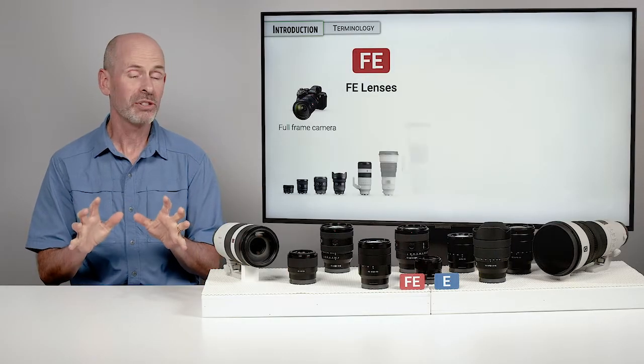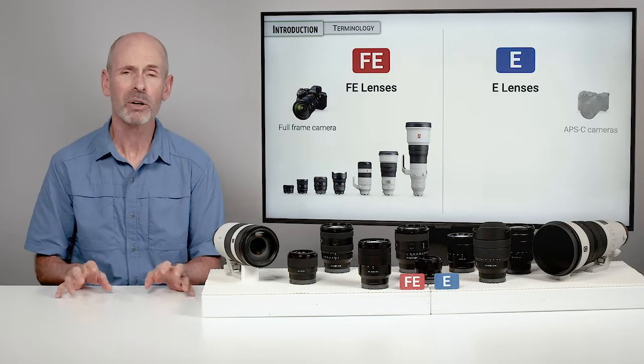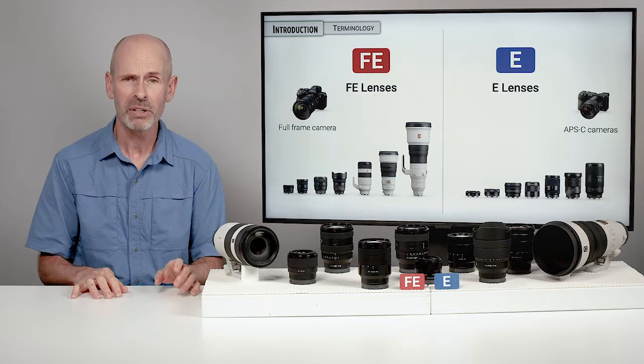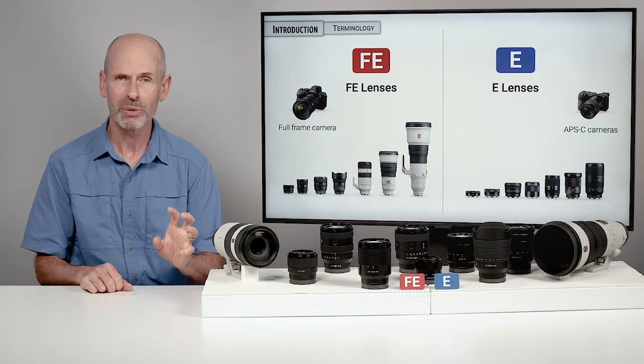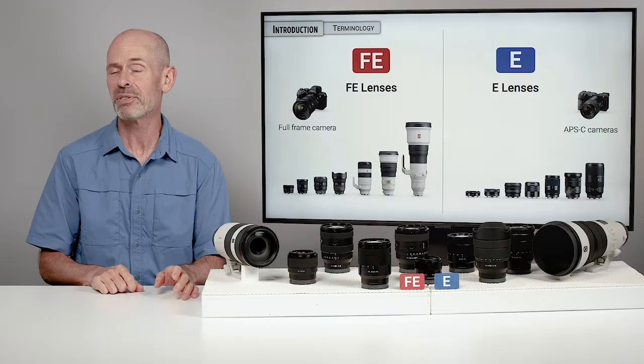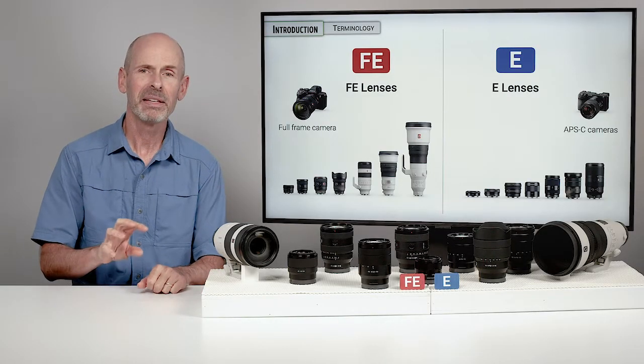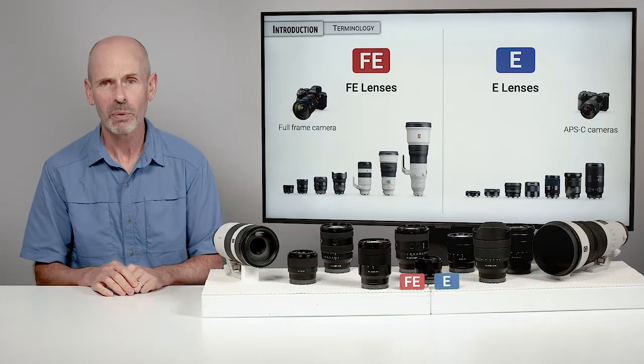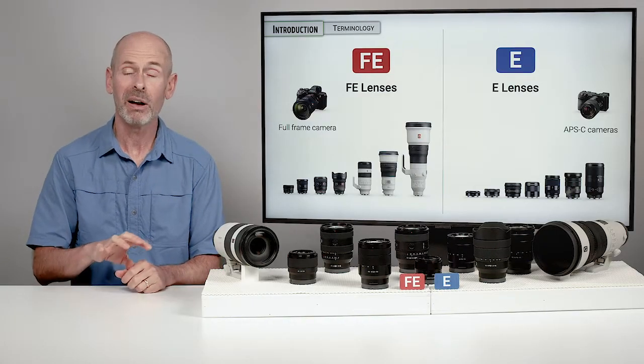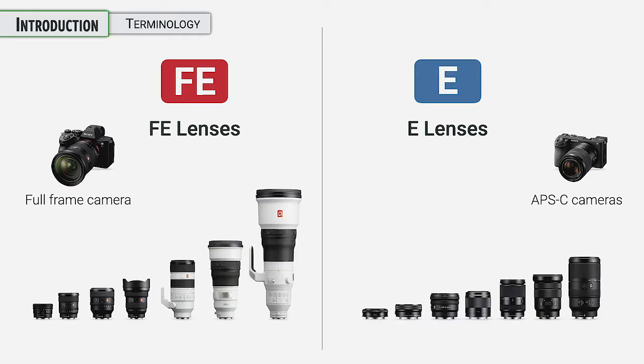Now, we are going to be discussing two different categories of lenses. FE lenses, which I'm going to be using with this little red logo that's going to be on the left side of the screen in every imaginable case that I can, and the little blue E for the E-series lenses, which will be on the right-hand side of the screen. So whenever I'm listing information, you'll generally see it associated in that manner.